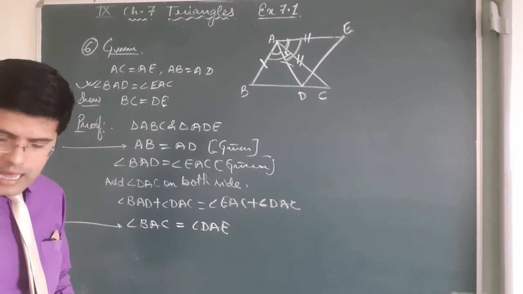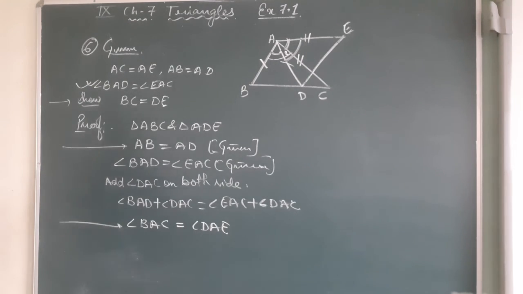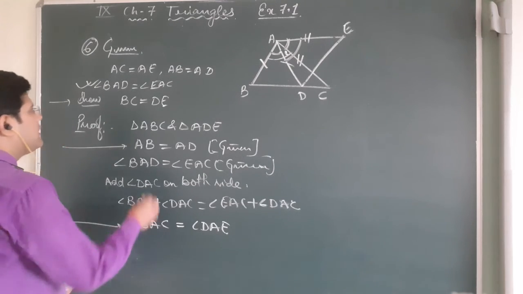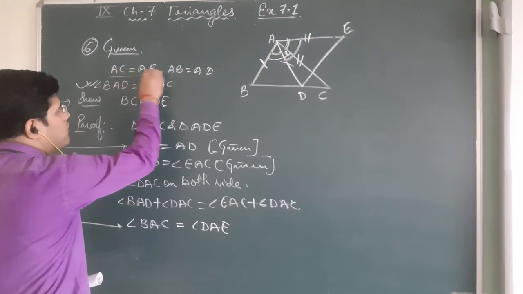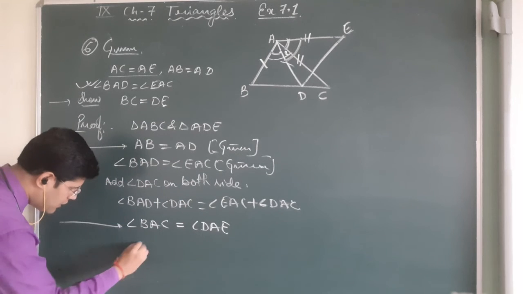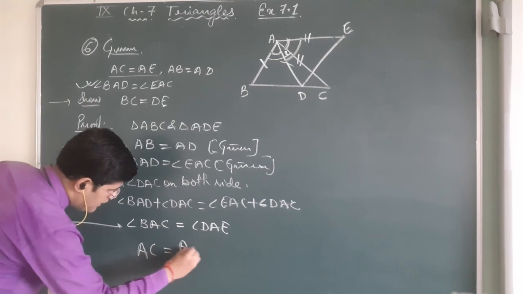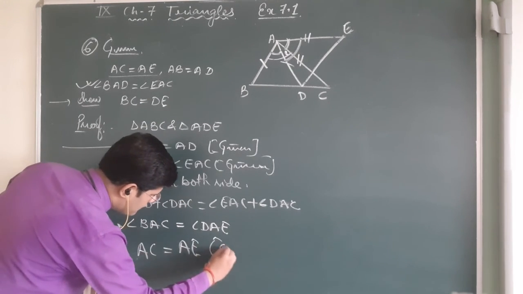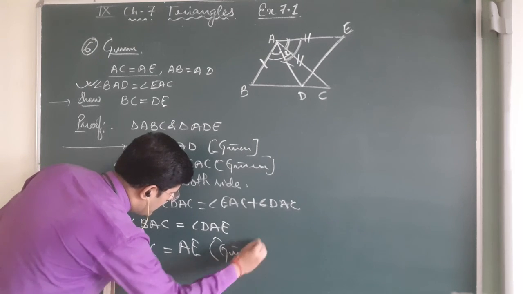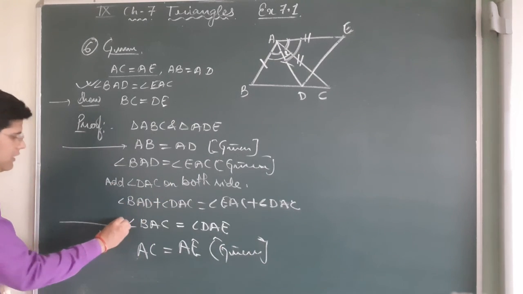Okay students, after that you take the third part, which is already given: AC equal to AE. This part is given, and the second part we have proved already.